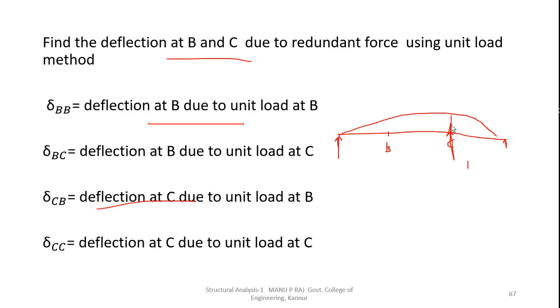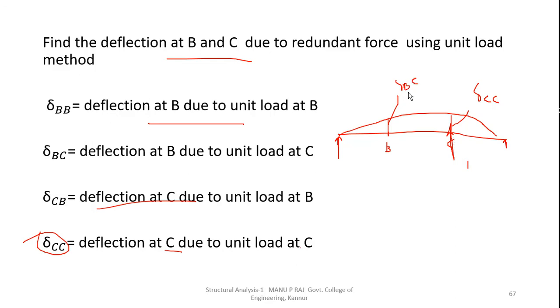Deflection at C is delta CC, that is deflection at C due to load at C. Now there is a deflection of delta BC due to unit load at C only.